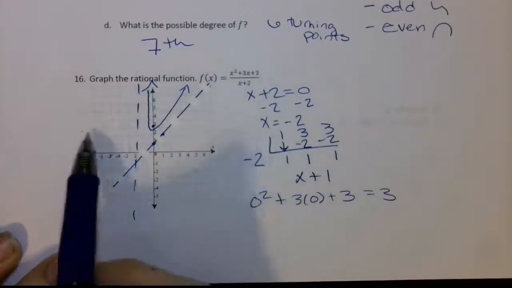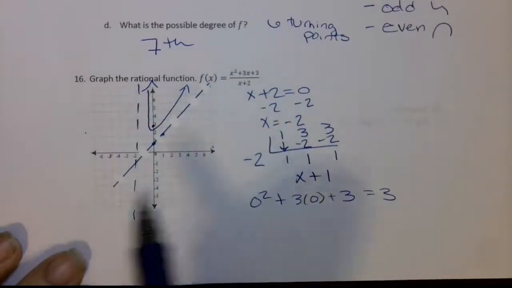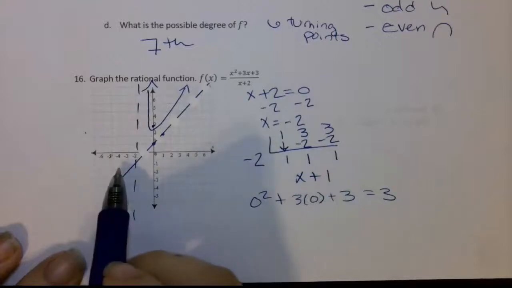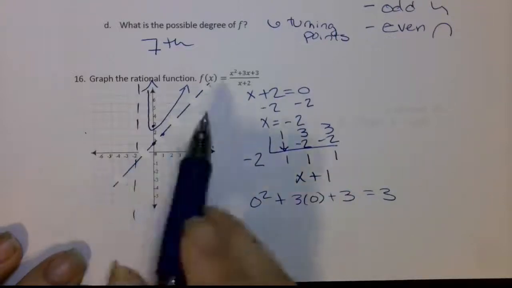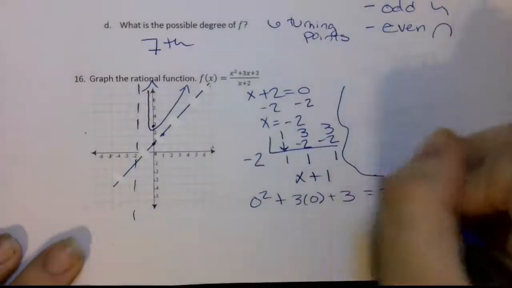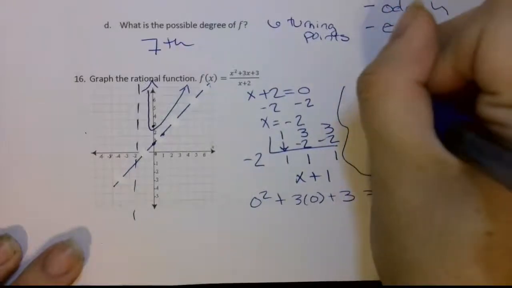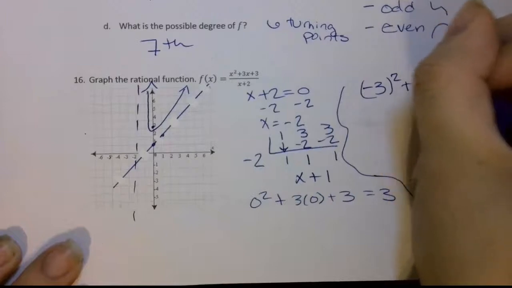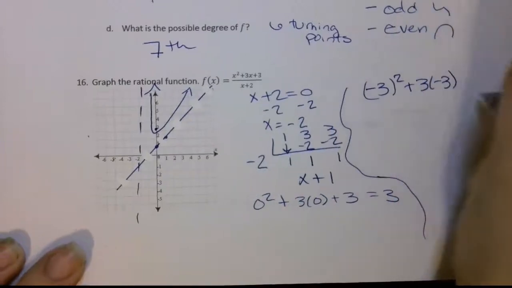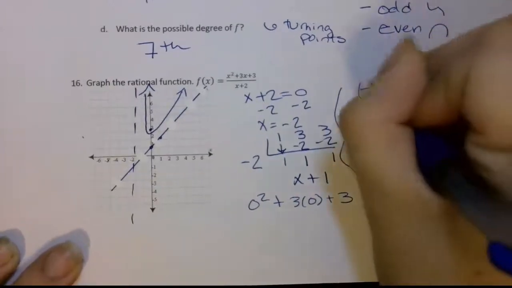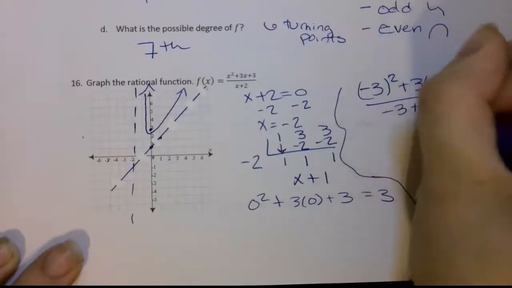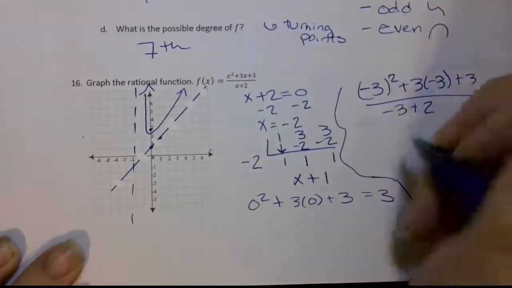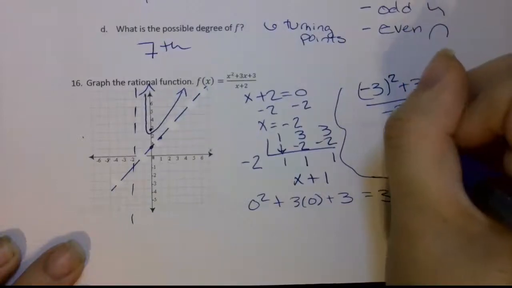I need to figure out on this side if it's going to be in the top or bottom piece. So I need to pick a number less than -2 to plug in. I am going to pick -3. And I plug it into the whole equation. I have -3 squared plus 3 times -3 plus 3 over -3 plus 2. -3 squared is 9.